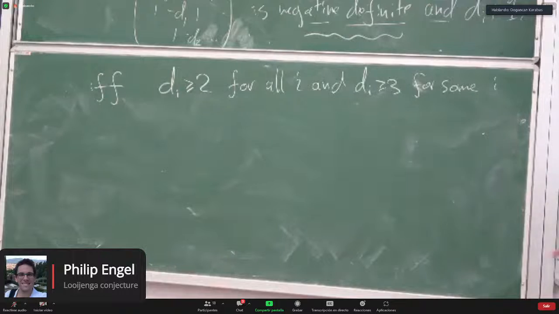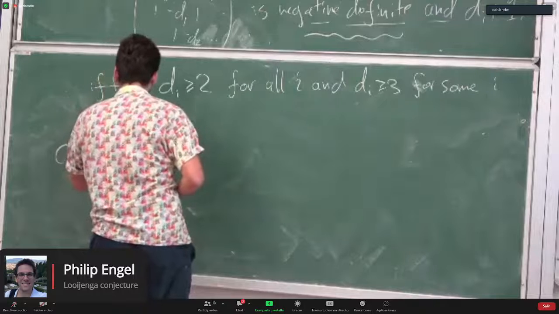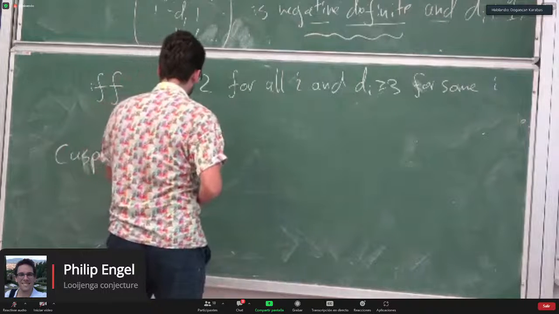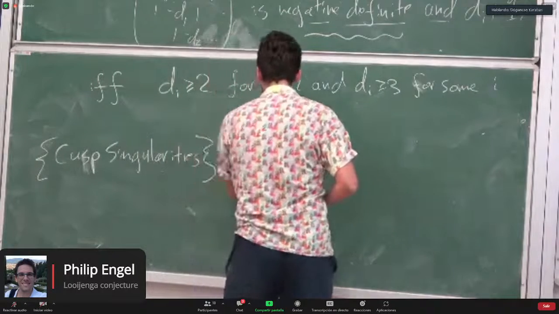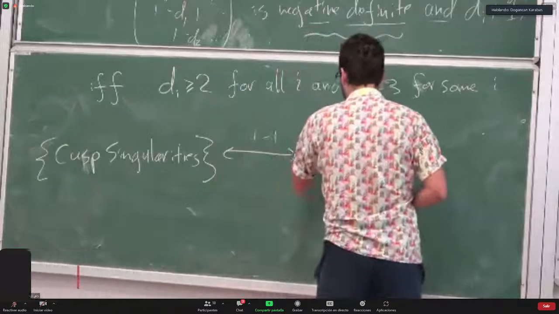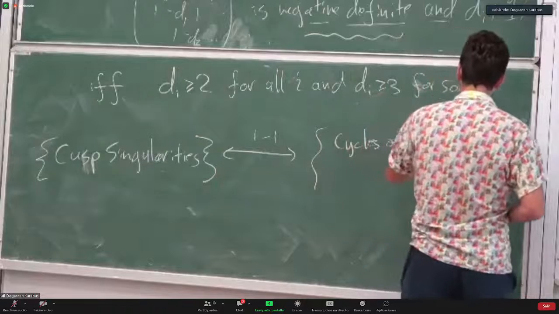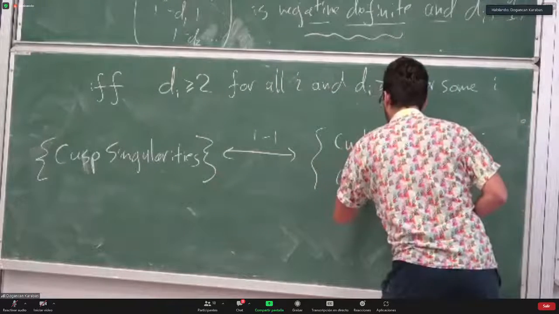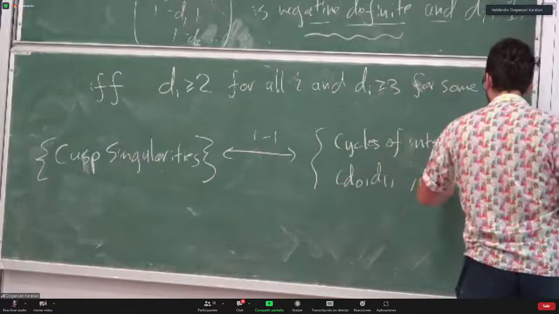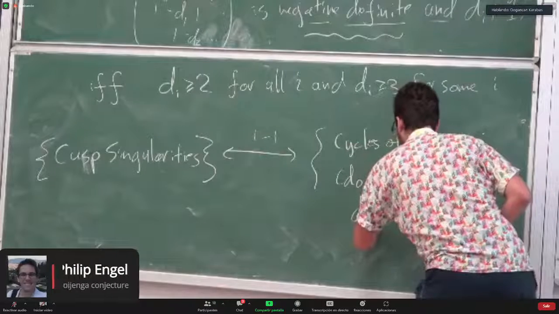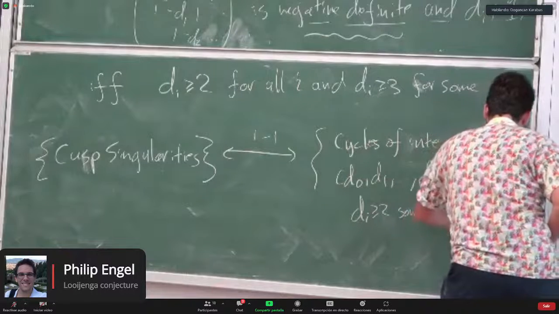Okay, and so in fact, cusp singularities are uniquely determined by these numbers. So the set of cusp singularities is in one-to-one bijection with the set of cycles of integers, let's say d0, d1 through dn, with all of the di's greater than or equal to 2 and some di greater than or equal to 3.